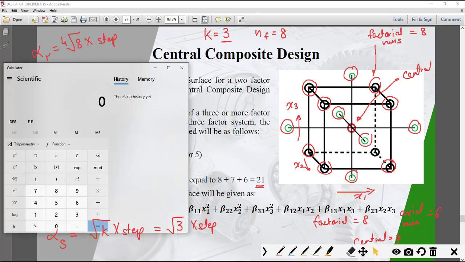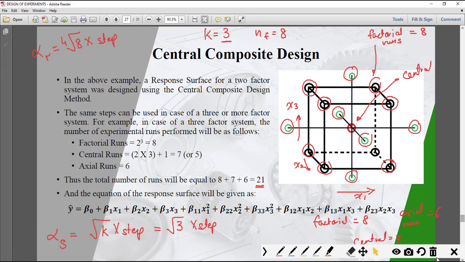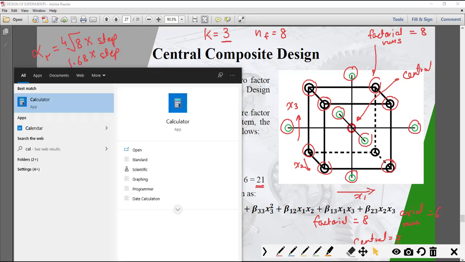On the calculator, we have 8. We can find its square root, which is 2.82, and then we can find its square root again, which is 1.68, right? So for rotatable, the value is 1.68 times step size. What will be the value of alpha for spherical? We can find it with our calculator, right?